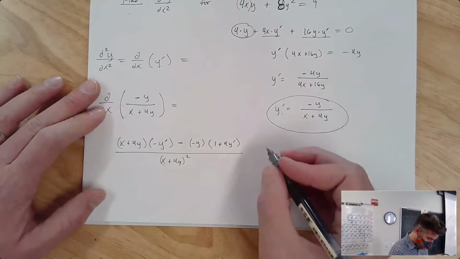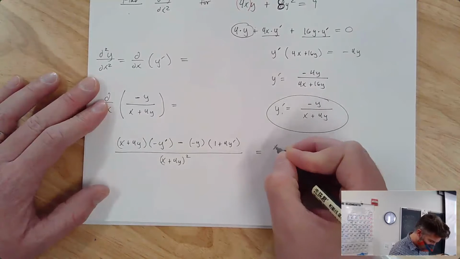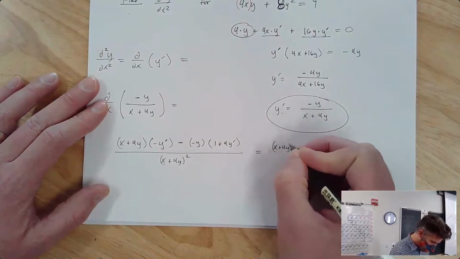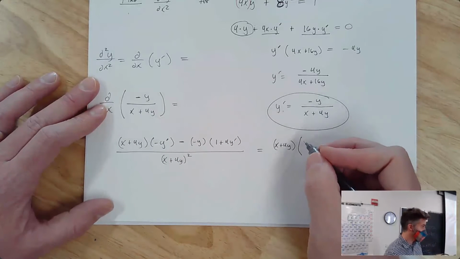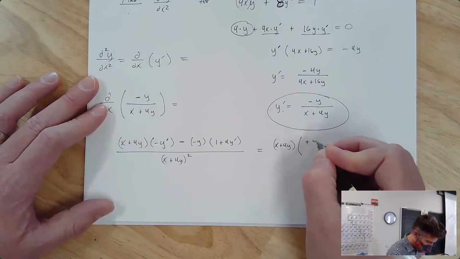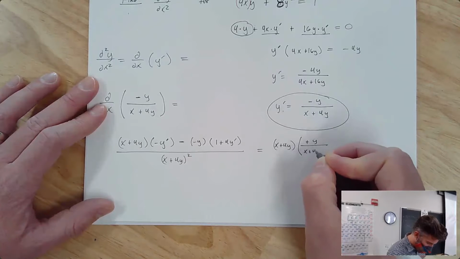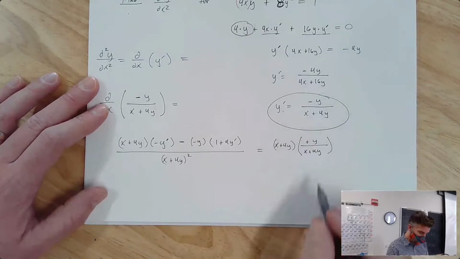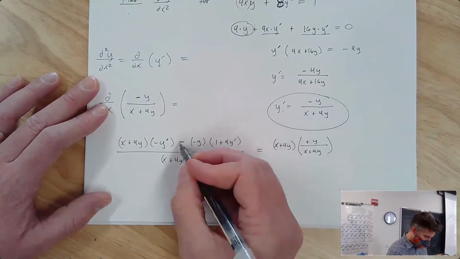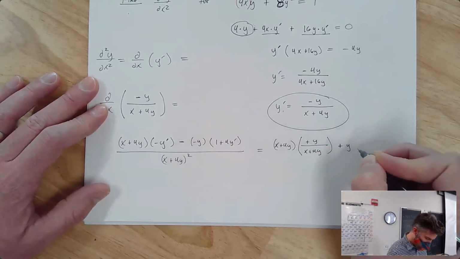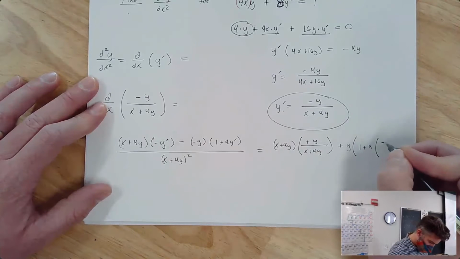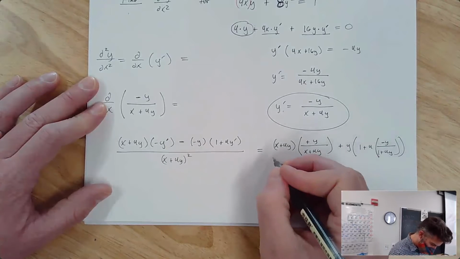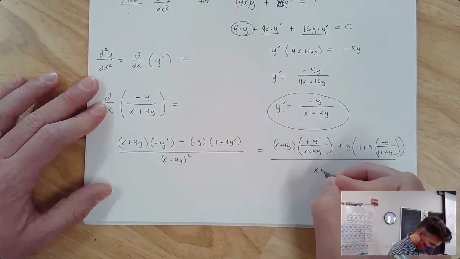So our answer is actually x plus 4y times negative, negative, I'm going to make that a positive y over x plus 4y. That's my negative y prime right there. Minus and minus is plus y times 1 plus 4 times y prime, which is negative y over x plus 4y, all over x plus 4y squared.